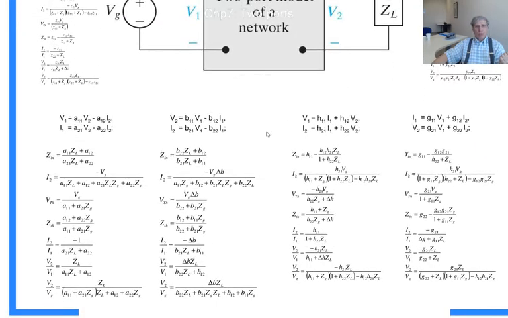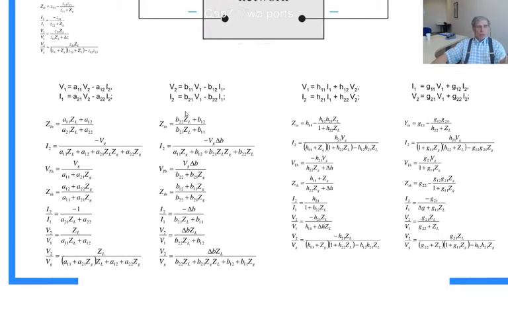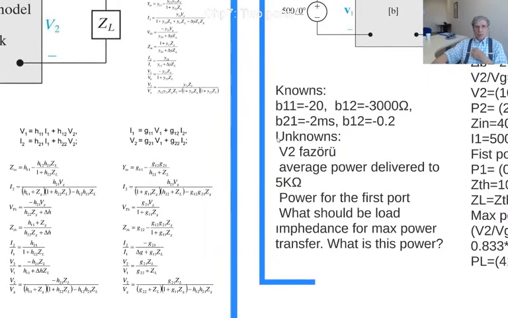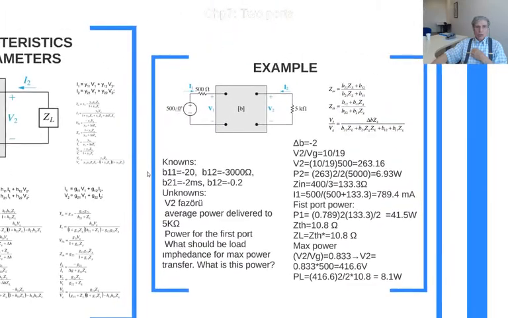It is also true how to calculate the 6 parameters by using the transmission parameters, A and B parameters, or by using the hybrid parameters. You can calculate all the 6 characteristics we just mentioned here. The last one is just an example for you to practice. These are the numerical values included in the two-port circuit.